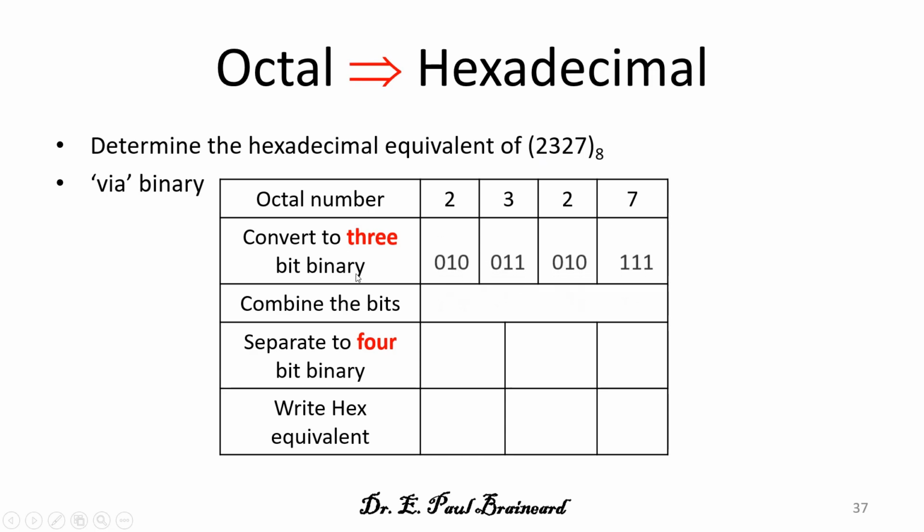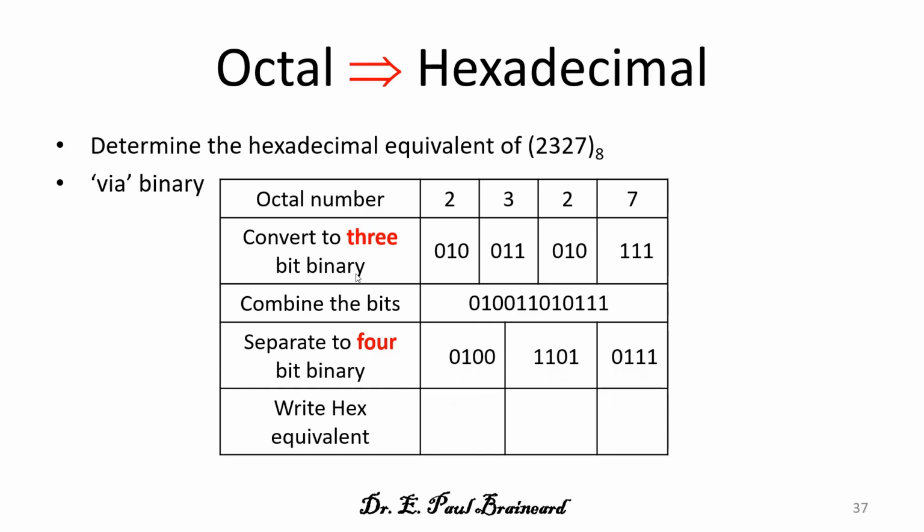So 2 is 010, 3 is 011, 2 is 010, 7 is 111. Now combine all the bits. Afterwards, separate them into 4-bit binary numbers starting from the right. Now write down the hex equivalent for each group. Therefore, the number 2327 in octal is equal to 4D7 in hexadecimal.